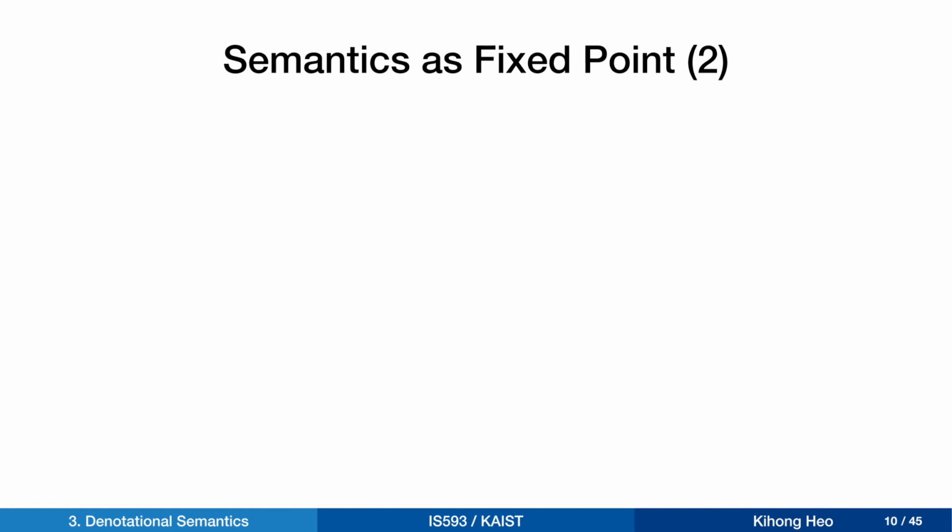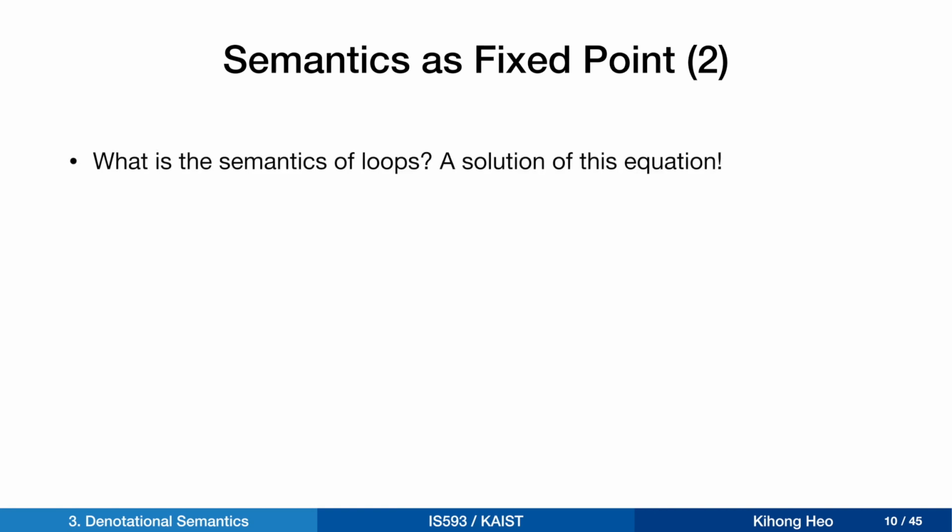Okay. Then what is the semantics of the loop? The semantics is defined as a solution of an equation. Okay, look at this equation. The semantics of while is actually equal to f of the semantics of while itself.